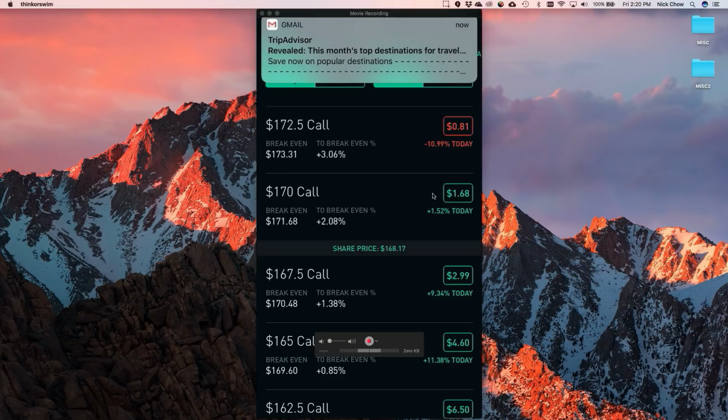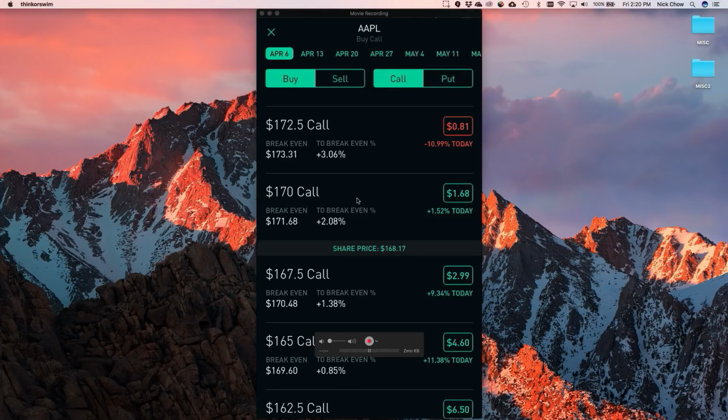So on expiration, if we're in the money, let's say next week Apple had amazing earnings and it went up to $185, even though Apple's stock price was $185, I would still have the right to buy Apple at the $170 stock price. So that's the contract. So you pay a premium to give you the right.